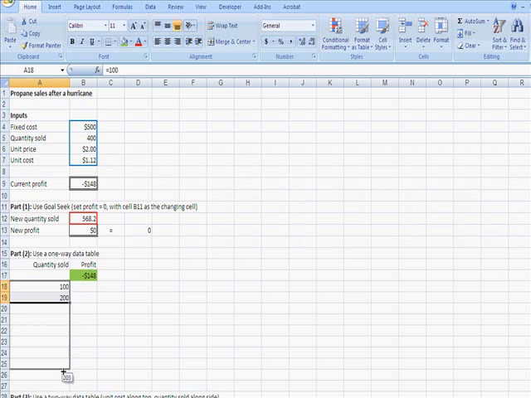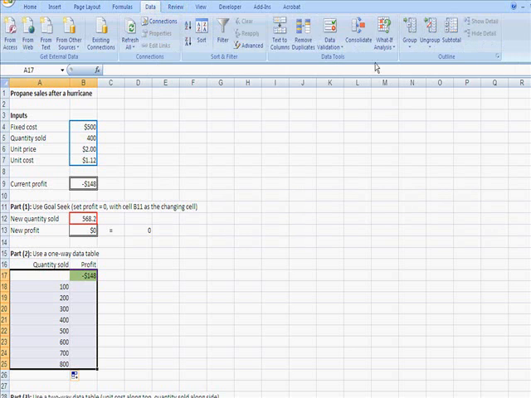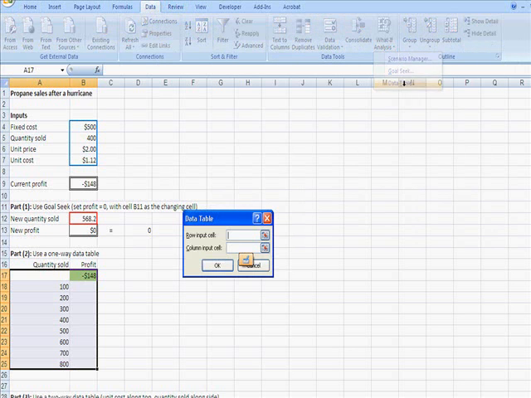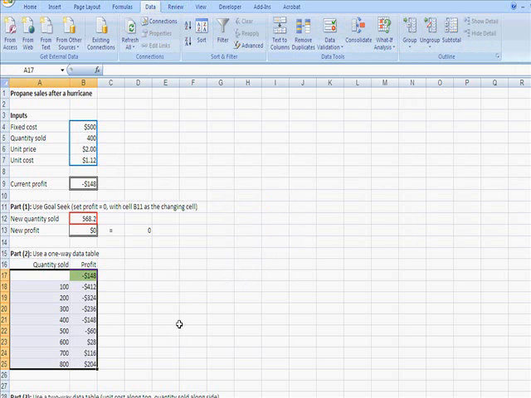So let's do 100 plus 100 and drag this equation down. We can highlight this whole area and go to Data, What If Analysis, Data Table, the column input cell is for the quantity sold. We click OK, and now we can see different profit values.